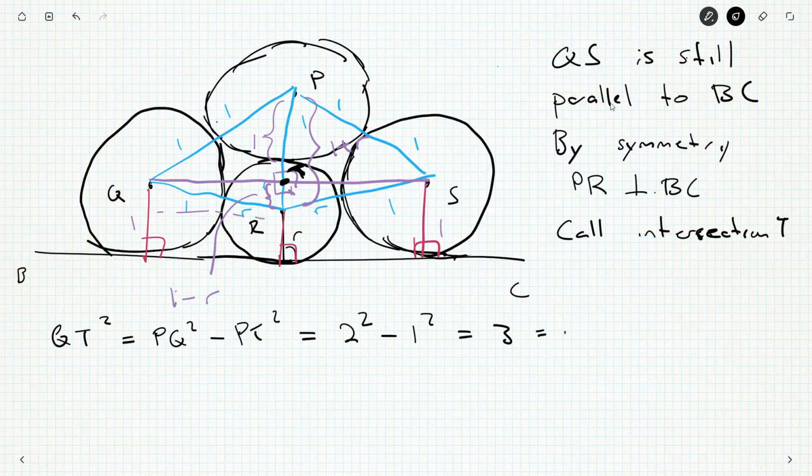Okay. So 2, and this has got to be 1, because we've got 1 minus r and 1 plus r. Right? No, PT isn't 1. What am I talking about? I'm crazy. It's 2r. It's 2r.